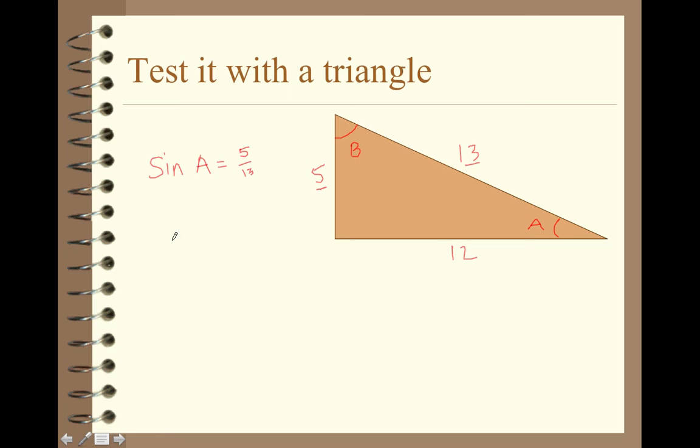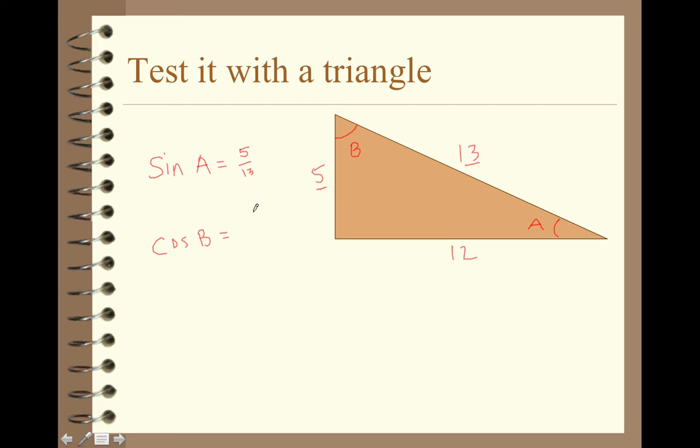That's one way to get you familiar and comfortable with doing all the sines and cosines. Let's say I did cosine of B. I'm going to show you something cool with this one. Cosine is adjacent over hypotenuse. So the adjacent side is 5, and the hypotenuse is 13.